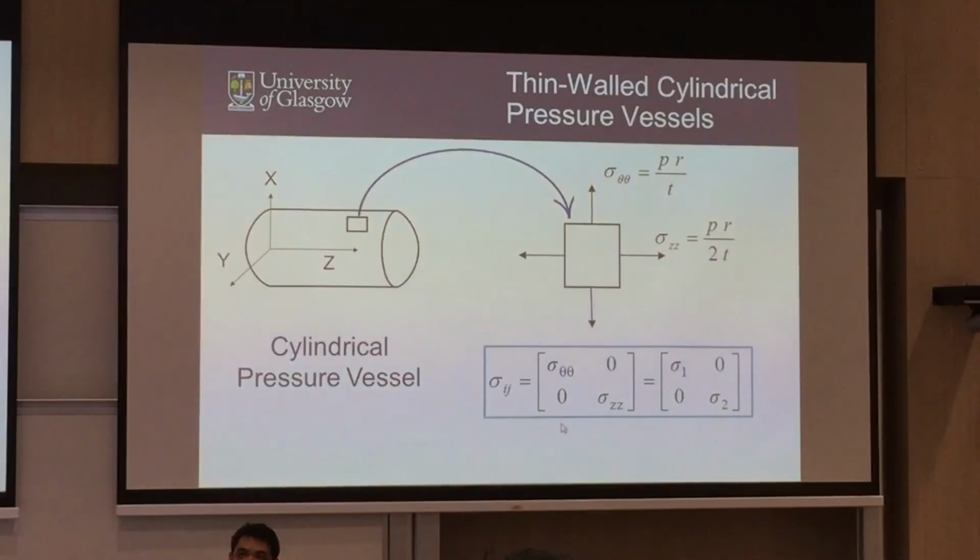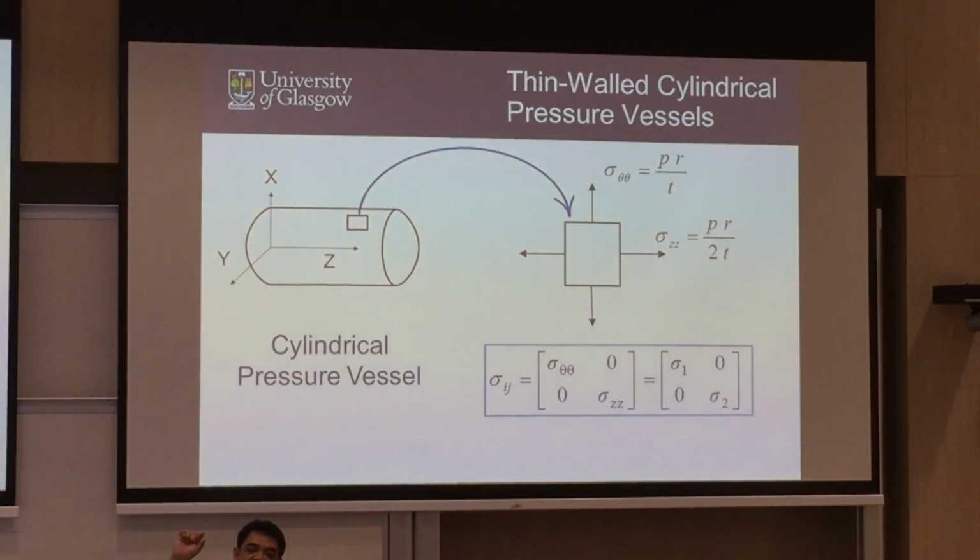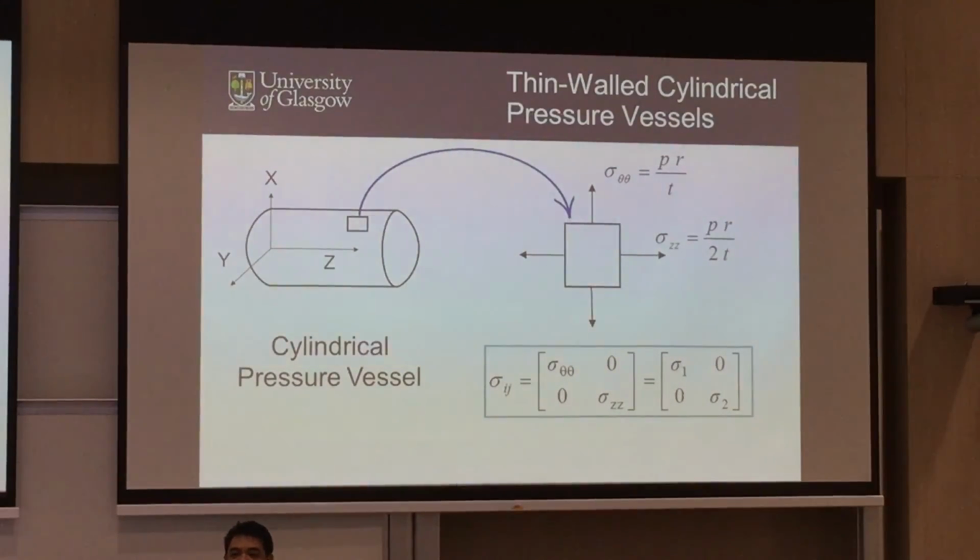Because there is no shear, they are automatically your principal stresses. Sigma theta theta being greater than sigma ZZ will automatically be your sigma 1, your first principal stress, and the lower one will be your second principal stress. So why is it 2 by 2? Because it's a thin structure. We're using the plane stress assumption. Of course, if we're looking at a thick wall pressure vessel, we will be including the 3 stresses.